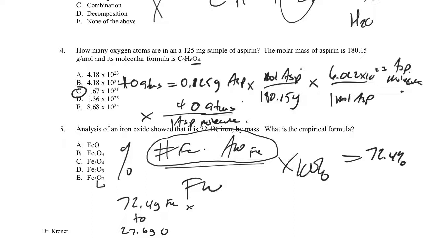Now we use the molar masses from the periodic table to convert to moles, so 55.85 is the molar mass of iron. So a mole of iron has this mass, and then oxygen, 1 mole of oxygen has a mass of 16.00 grams. So what we're just converting to is saying, well, each of the elements has a different molar mass. We have 72.4 grams of iron, that would correspond to 72.4 divided by 55.85.